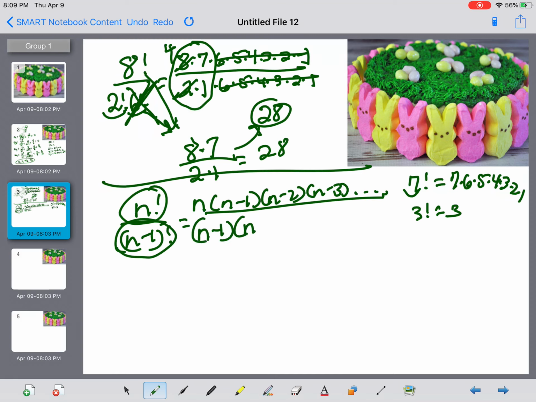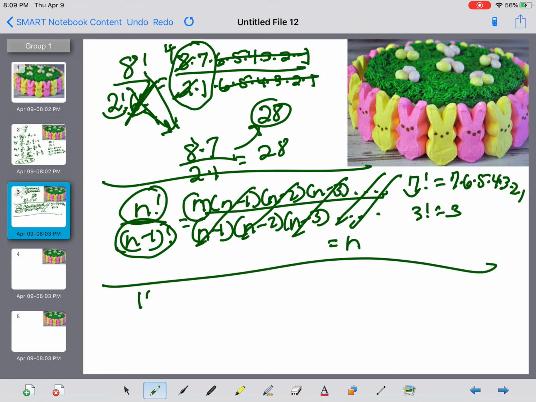And n minus 1 factorial starts with that number, and then you subtract 1, which will give you n minus 2, subtract 1, n minus 3, on forever. So even though we don't know what these numbers are, we know that all of these cancel out, and we're just left with n.